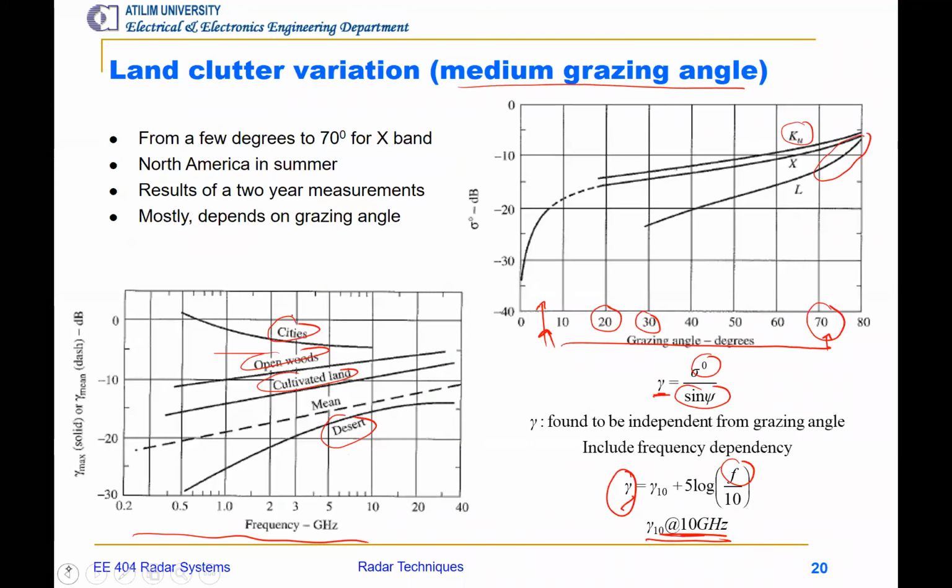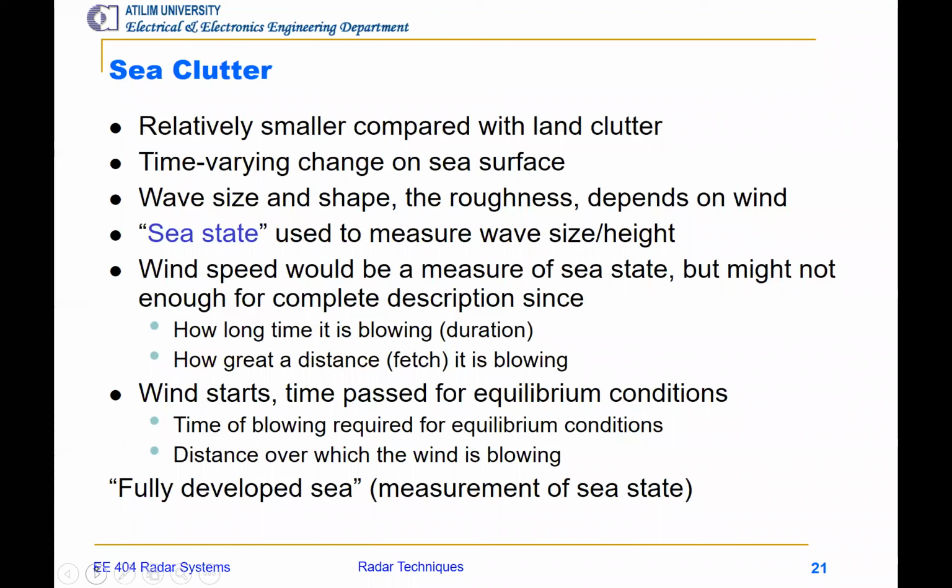So simply these graphs are quite important for understanding how reflectivity, so RCS of land clutter, varies with frequency as well as the objects on the land.